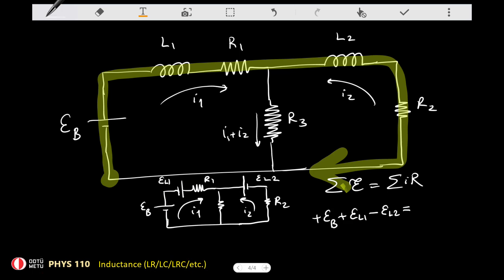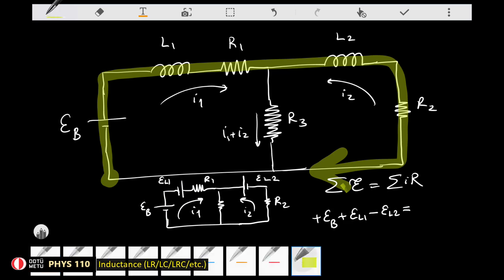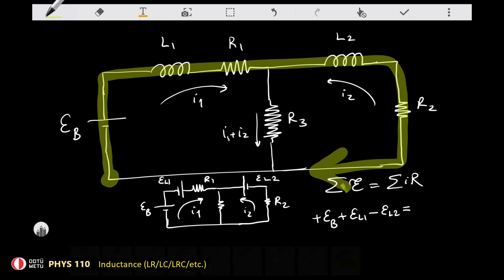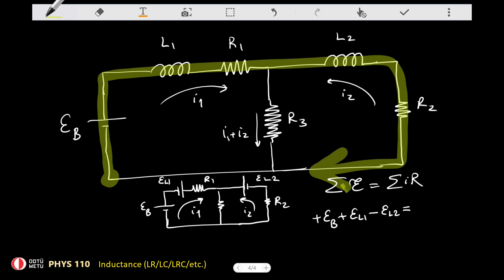Okay. Next, I'm going to write down the potential drop for the resistors. So I'm going over the resistor R1 along the same direction as the arrow of the current. So this is a positive term. I'm going over the resistor R2 in the downward direction, which is opposite to the current I2 in here.